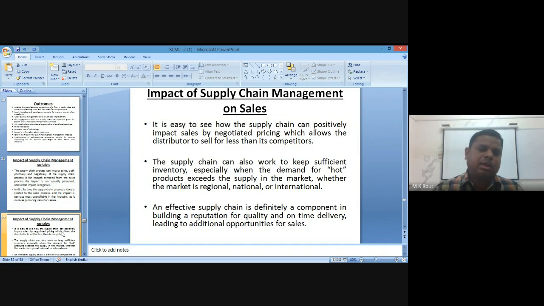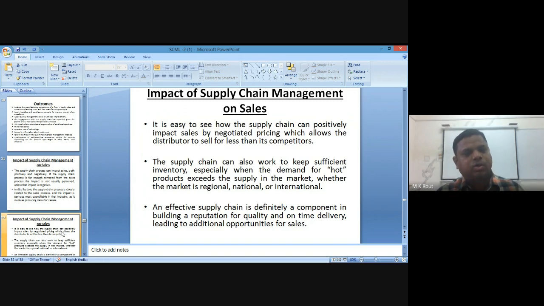Clear? Then moving to the next part, an effective supply chain is definitely a component in building a reputation for quality and on-time delivery, leading to additional opportunity for sales. Whenever you deliver in a faster way, in a safe mode, it automatically builds up a particular reputation for that company. Most companies provide a particular delivery date, the expected date of delivery.